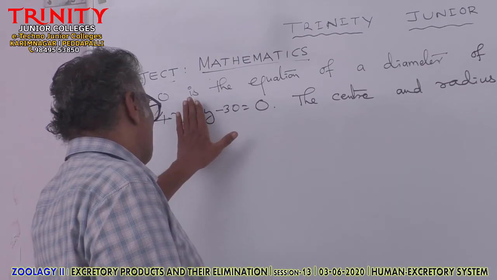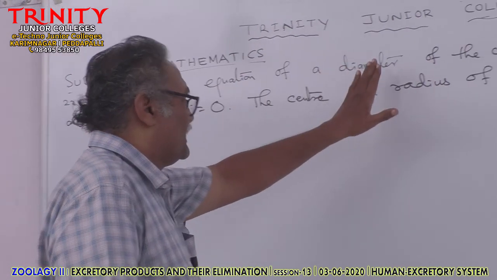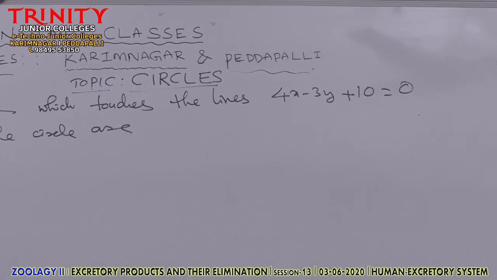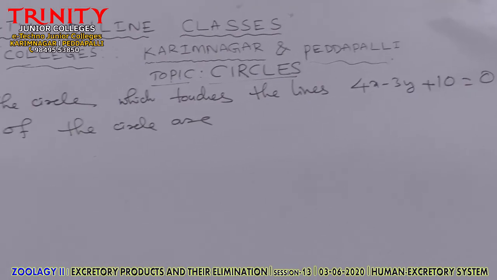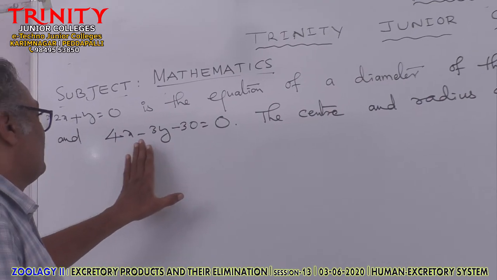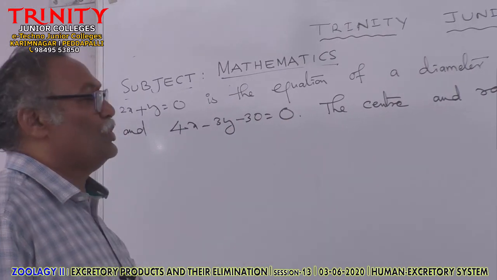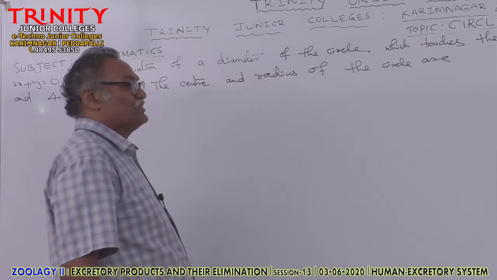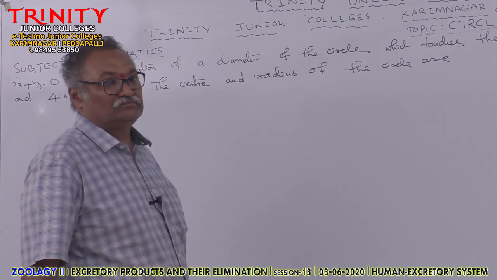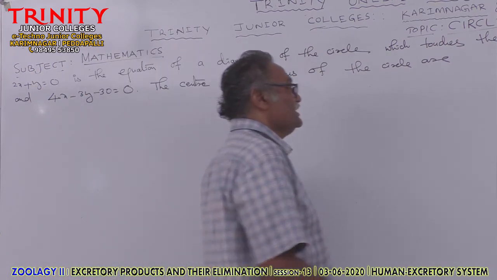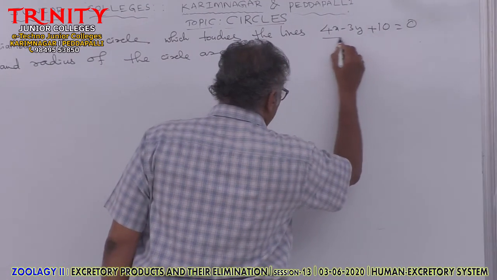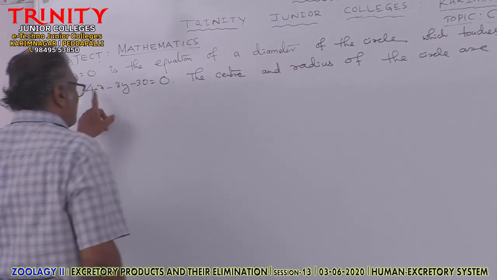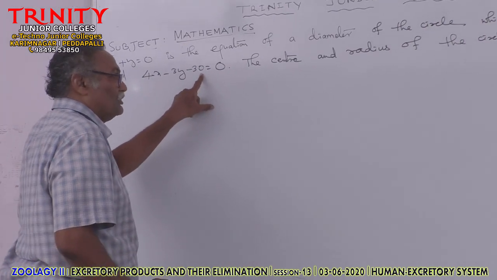2x + y = 0 is the equation of a diameter of the circle which touches the lines 4x - 3y + 10 = 0 and 4x - 3y - 30 = 0. The center and radius of the circle are? How to do this? Observe this: 4x - 3y + 10 = 0 and 4x - 3y - 30 = 0.